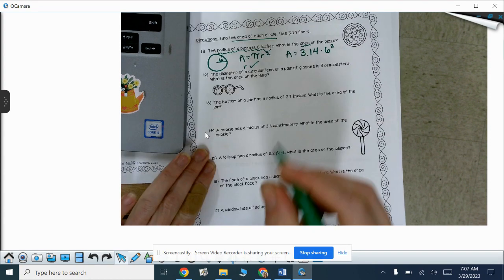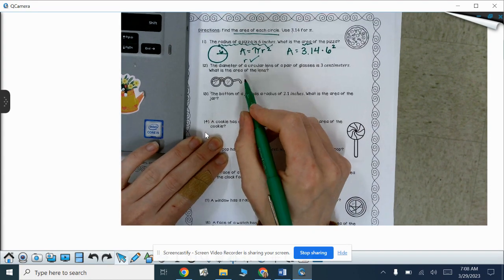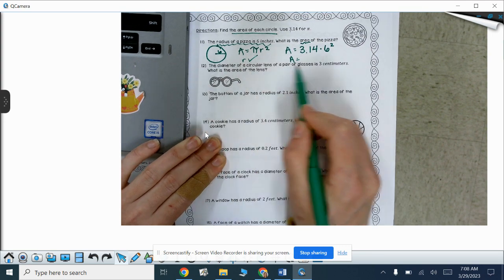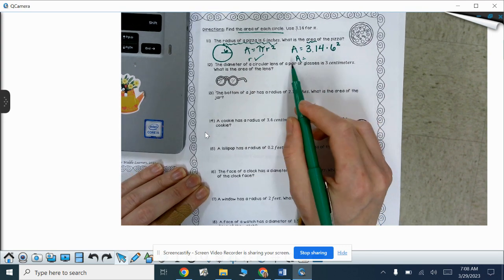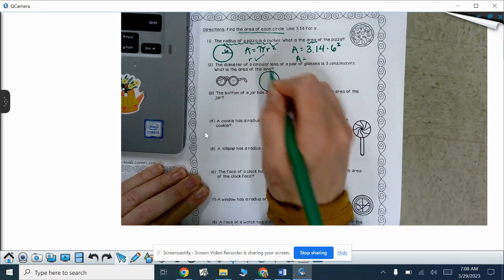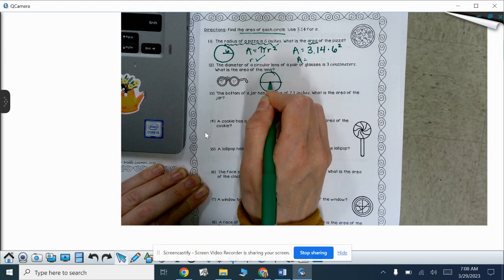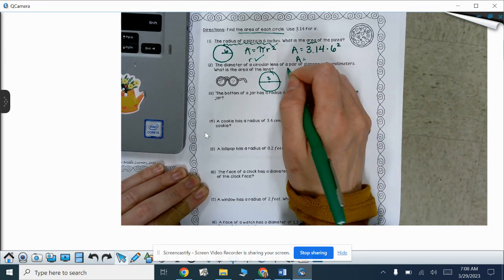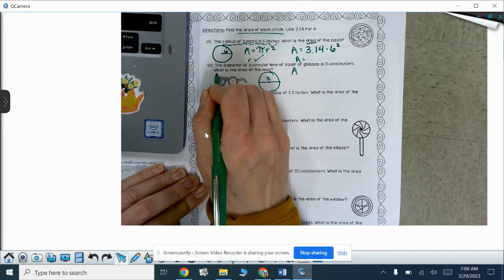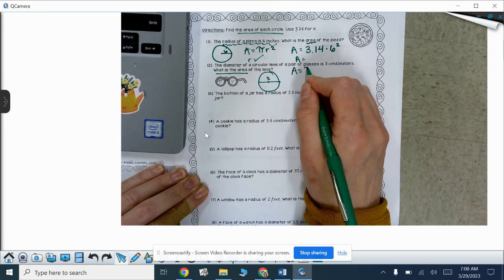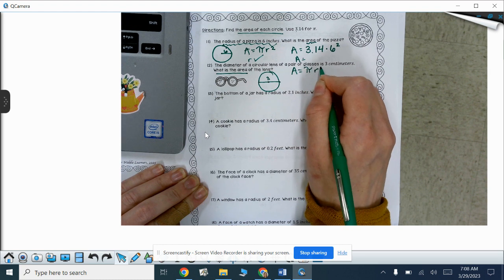All right, let's do another one. Oh, yeah, you still got to put that into Desmos. The diameter of a circular lens of a pair of glasses is 3 centimeters. So my diameter all the way across is 3. What is the area of my lens? Well, because it's asking for area, my formula is pi r squared.